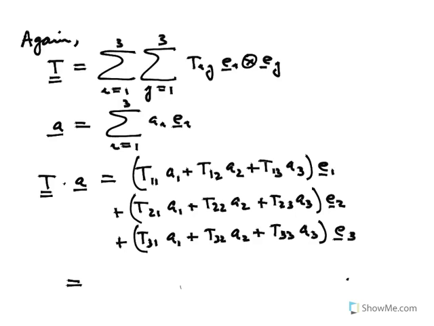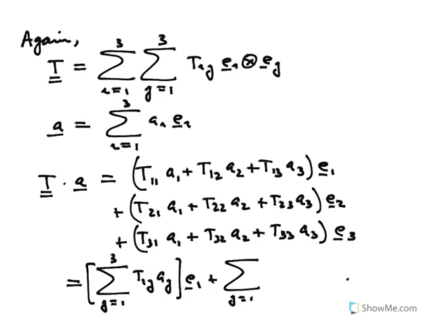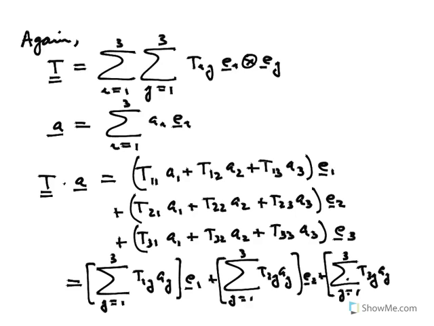So this is equal to the sum from j equals 1 to 3 of T1j Aj multiplied by E1, plus the sum from j equals 1 to 3 of T2j Aj multiplied by E2, plus the sum from j equals 1 to 3 of T3j Aj multiplied by E3.